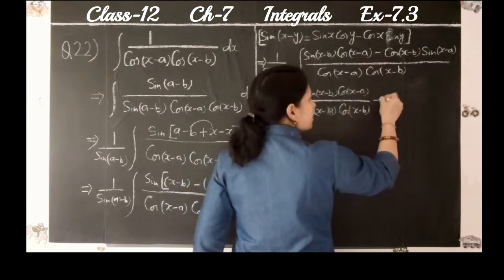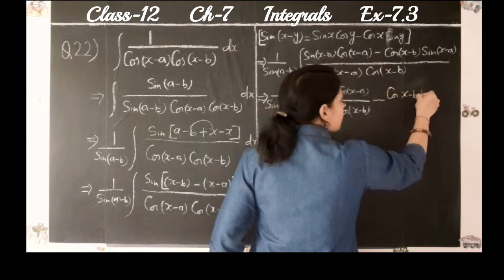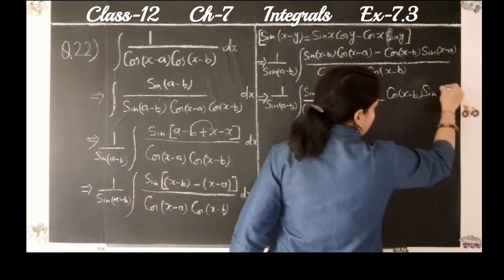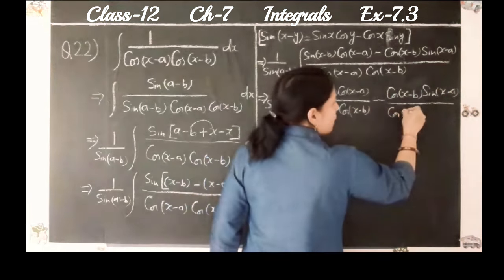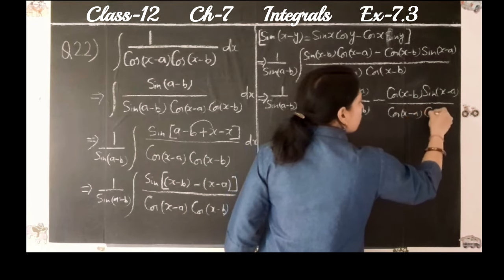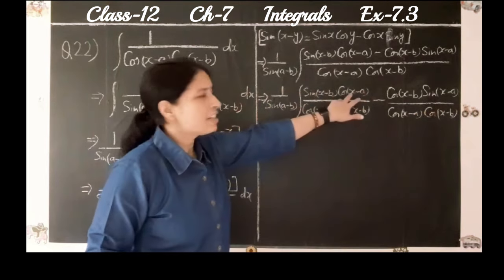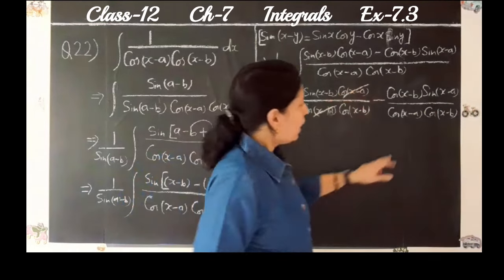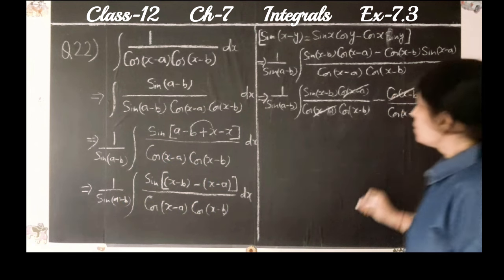Then write the sign minus and write cos(x minus b) into sin(x minus a), divided by cos(x minus a) into cos(x minus b). Here it is given cos(x minus a), here also cos(x minus a). So this will cancel. And here it is given cos(x minus b), here it is also cos(x minus b). So this will cancel.